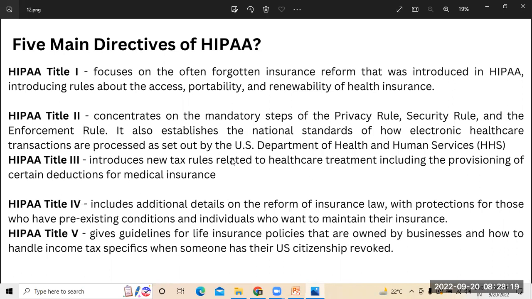The kind of medical transformation happens at regular intervals. That is generally how these changes have to be made. This is the first point. Whereas the second HIPAA title concentrates more on the mandatory steps of the rules in reference to privacy or security.